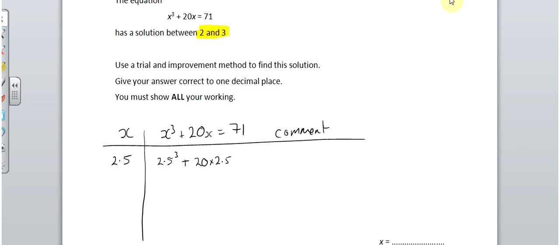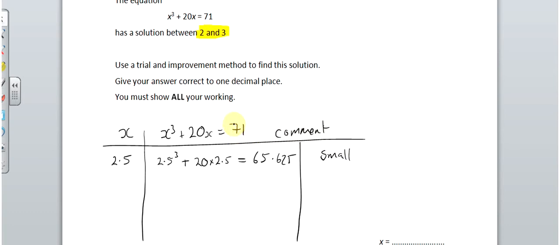And you can type that straight in, and it will look exactly like that. If you're not sure about that, then have a look at the calculator video. So that gives me 65.625, and the comment is that's too small, because I'm after 71, remember.